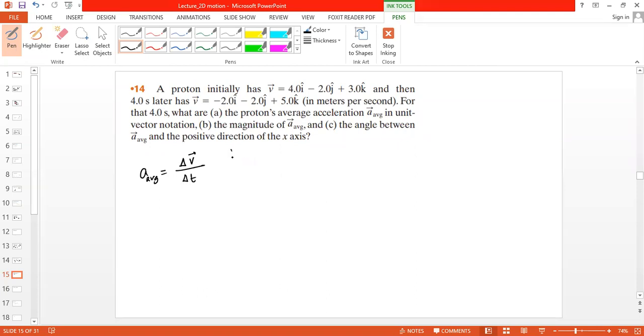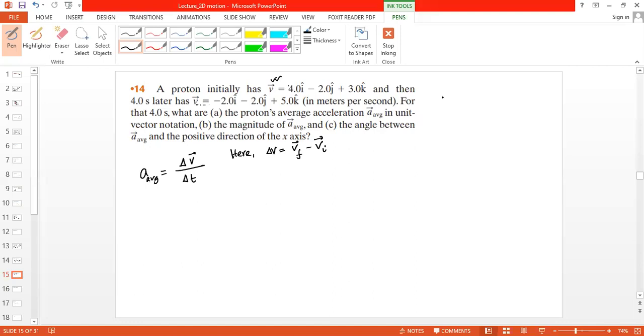So here delta v means what? Delta v means final velocity minus initial velocity, which we normally write as final velocity. Which one is my initial velocity? This is my initial velocity, right? A proton initially has this velocity, and after 4 seconds the velocity is this one, so this is my final velocity.